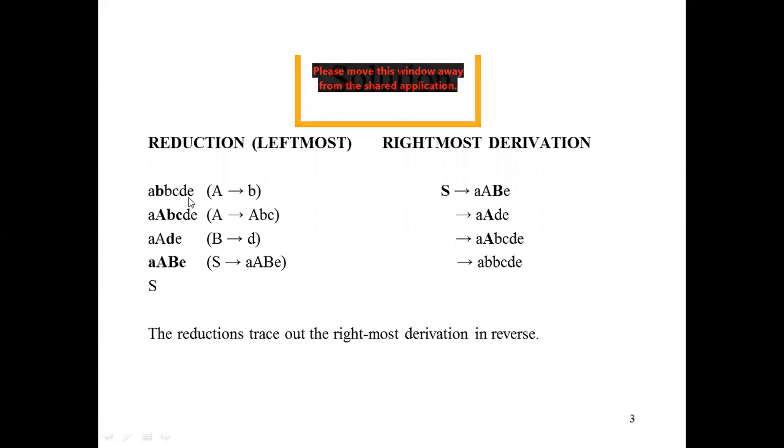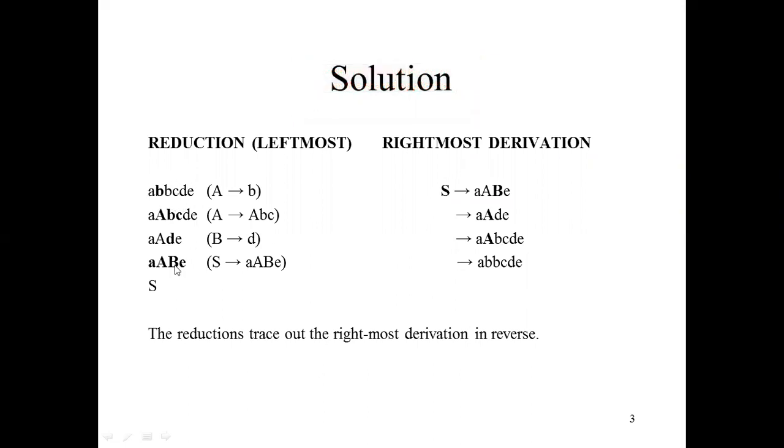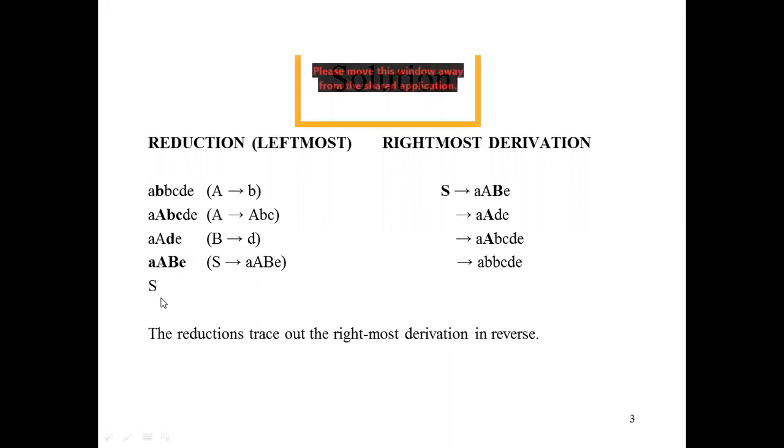So A, B, B, C, D, E is your final string, and you are trying to replace a few values so that you are able to achieve this one. If you are able to achieve this, then you are reducing in the proper way by using the given grammar.